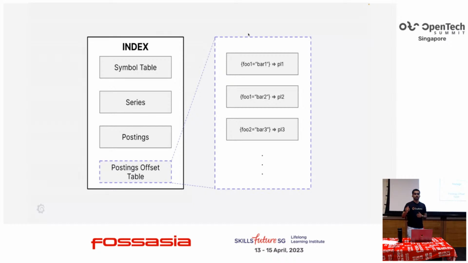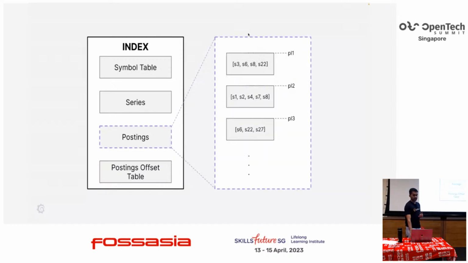So this is how we store the inverted index. For every label name and label value pair, we store what are the set of series that correspond to this. This just points to a posting list as a reference, and based on PL1, PL2, PL3, we can look at this table to find the actual set of series that are for this label name and label value.